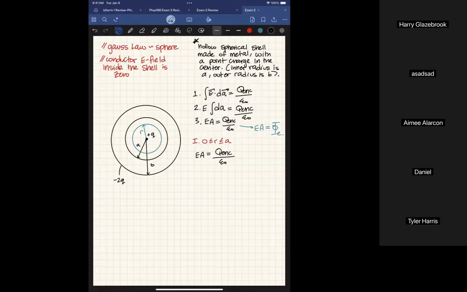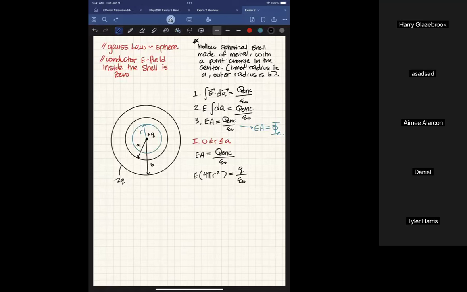The surface area of my Gaussian sphere is 4 pi r squared, and the amount of charge enclosed in that Gaussian sphere is just positive q. So charge enclosed is just positive q.